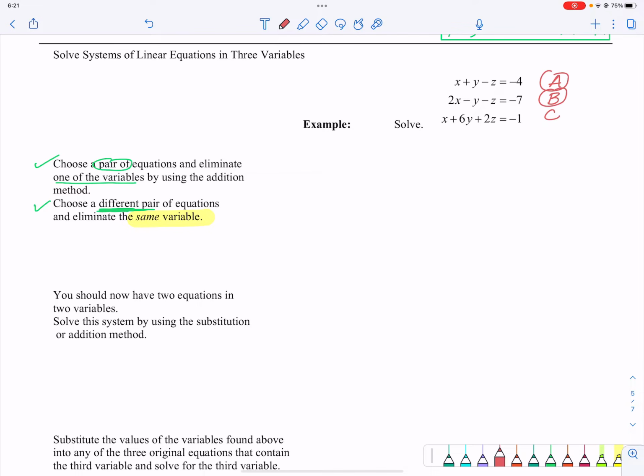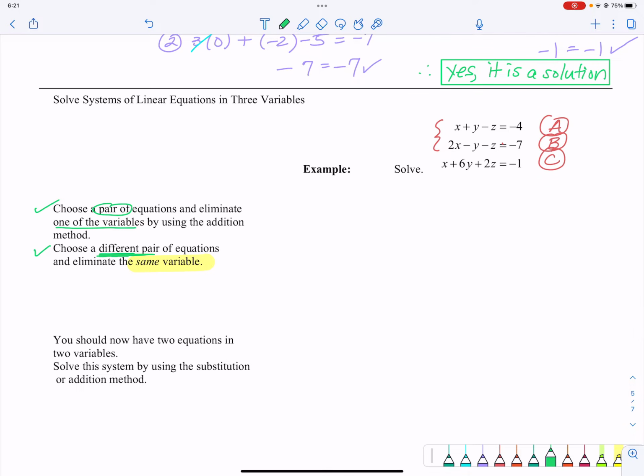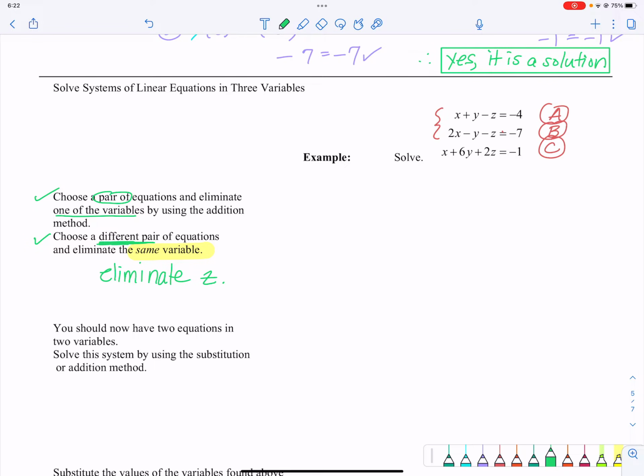So we have equation A, B, and C. Let's choose equation A and B. If we look at equation A and B, we just have to multiply equation B by a negative 1, and we could eliminate Z. You could pick either, but let's just decide in the beginning: we're going to eliminate Z. There are many choices, but we decide we're going to eliminate Z from A and B, okay?